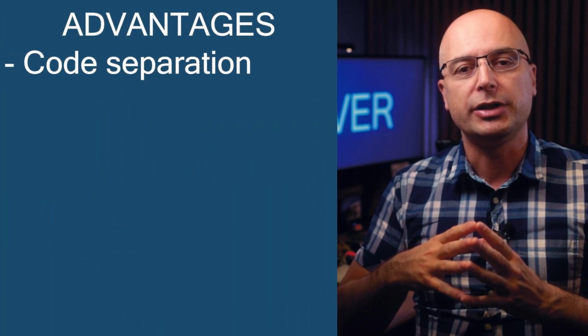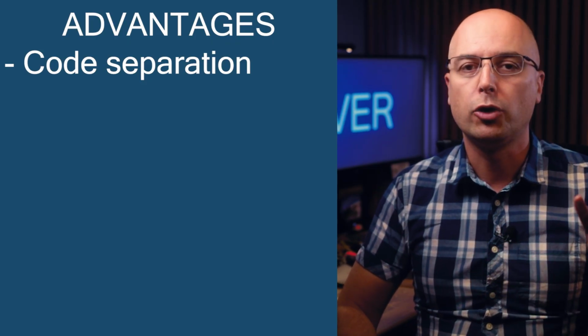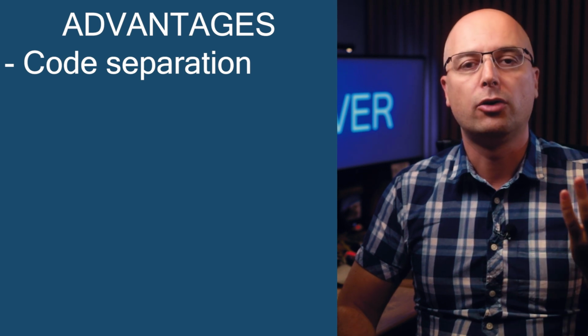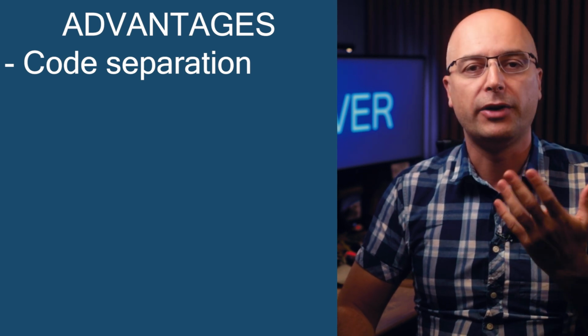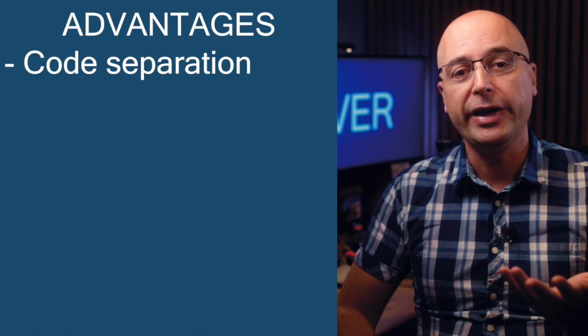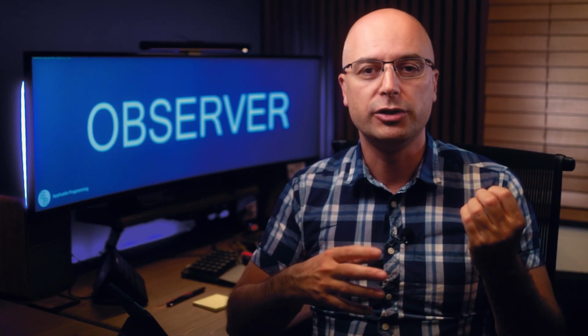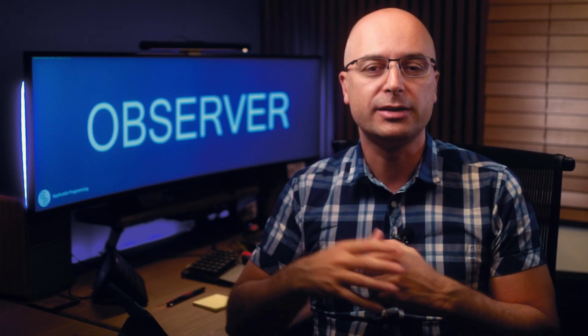Its biggest advantage is the clear separation of code and dependencies between modules. One module can communicate with one or practically unlimited number of other modules without actually knowing that. And the code will never break if we remove one of those modules. So one part of our application is not even aware of any other parts in the code.